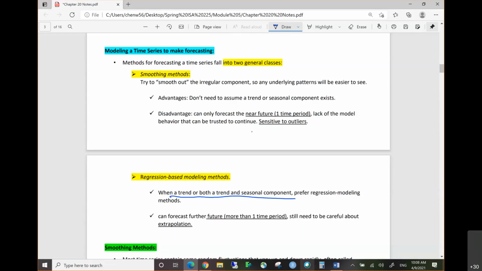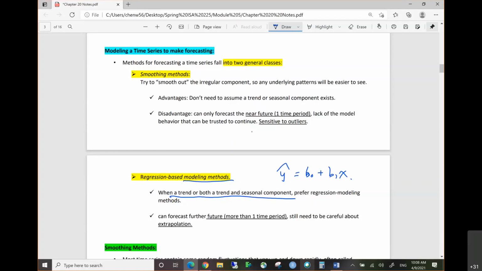Then we can use modeling methods to set up this stable relationship, and with it we can forecast a further future, not just one time point.